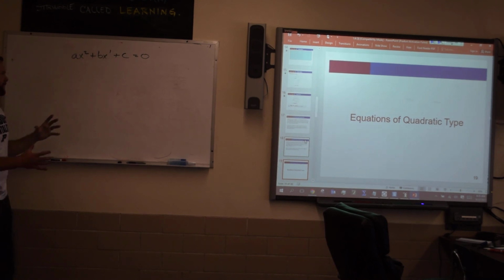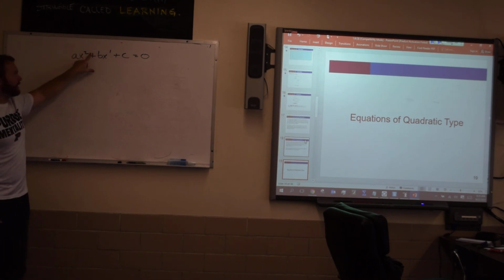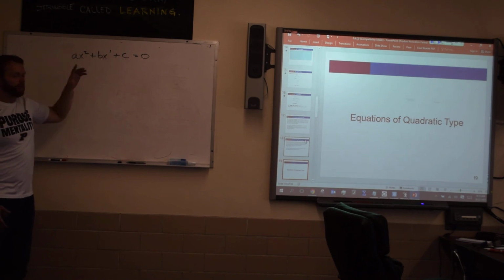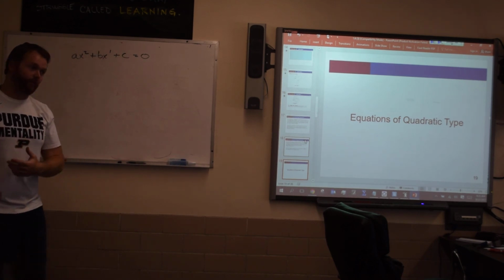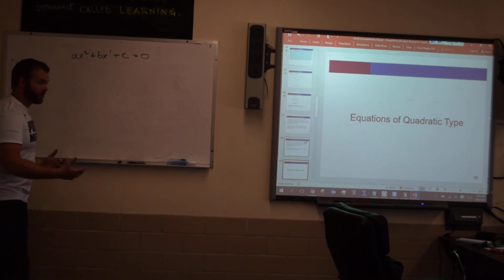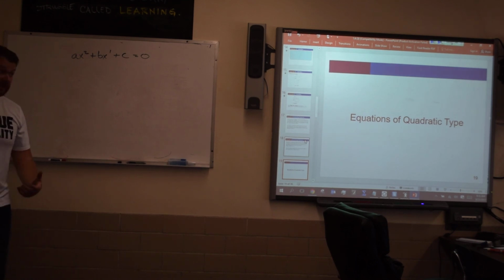But if you think about all those powers, if this power is always double that one, and this is a constant, then you have something that's of quadratic form. And you can use all our quadratic equation techniques to solve it.